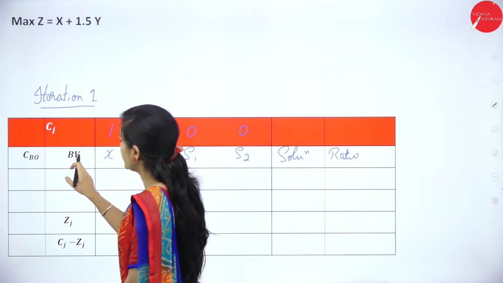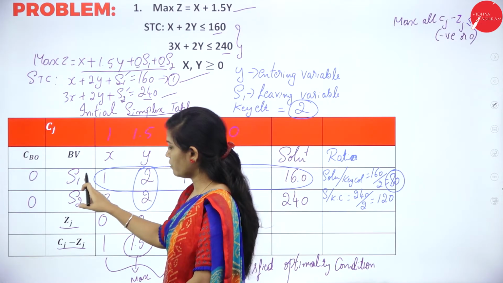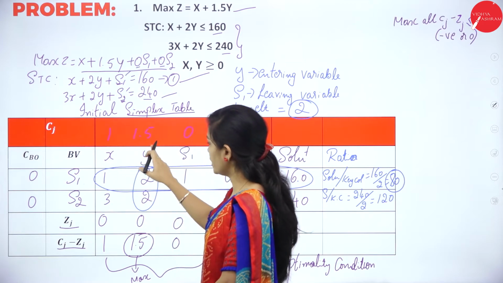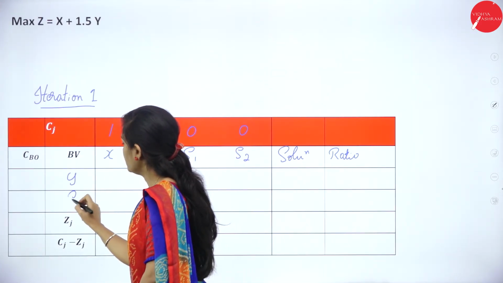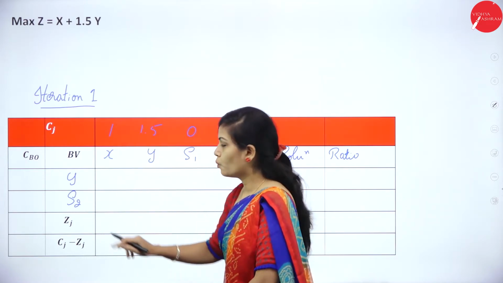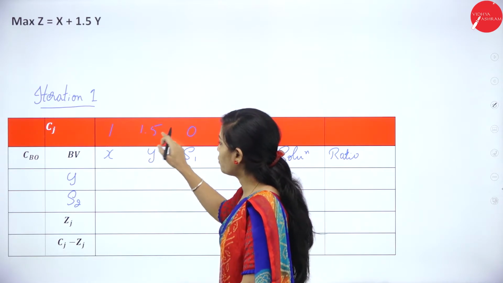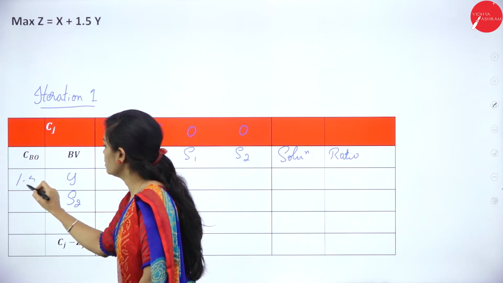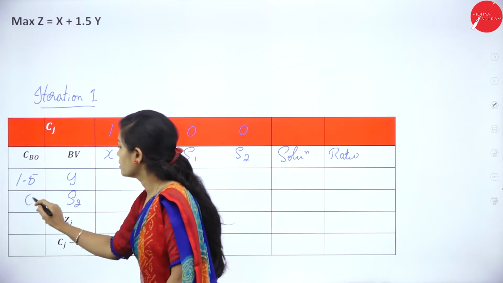After that, you have to write the basic variables. This is the leaving variable. In place of S1, I will write y because it is the entering variable. So y and S2. Now, what is the coefficient of y? The coefficient of y is 1.5. I will write 1.5 here, and the coefficient of S2 is 0 only.